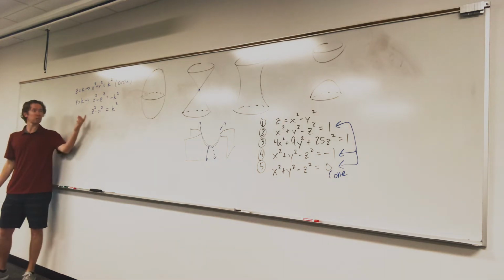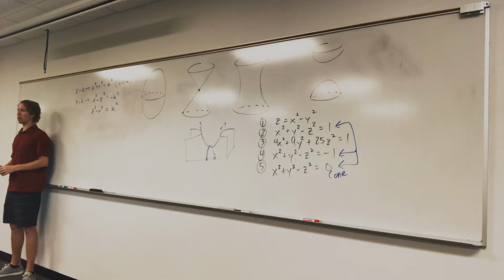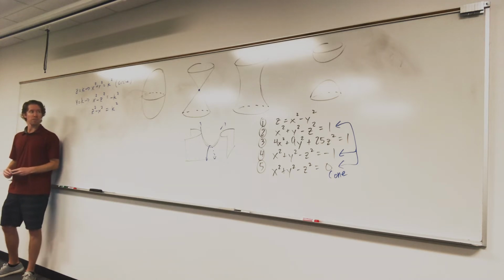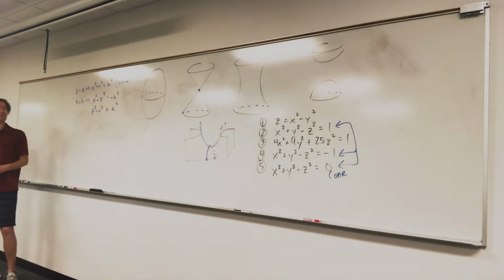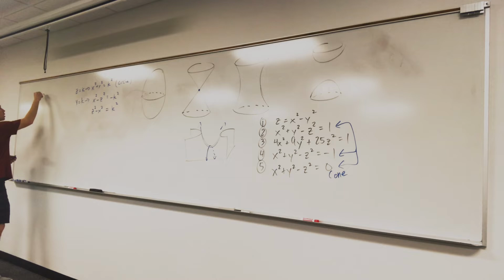All right, what does this 2D curve look like? K is a constant, and x and z are variables. So, for example, what would this look like? Y squared minus x squared equals 1.